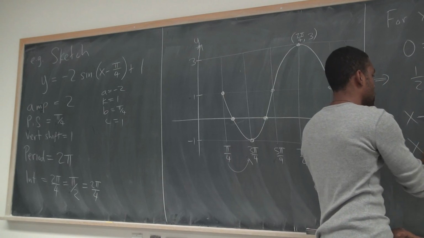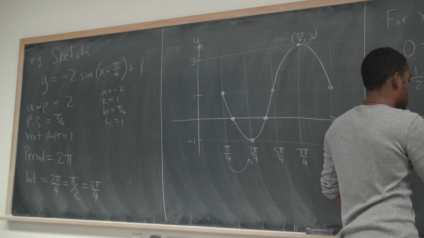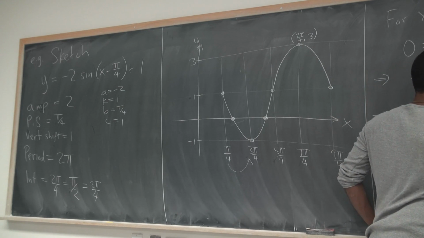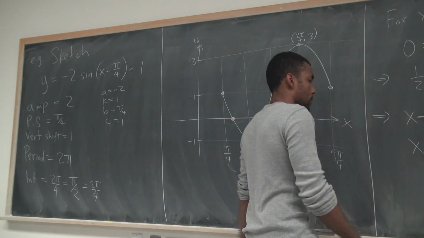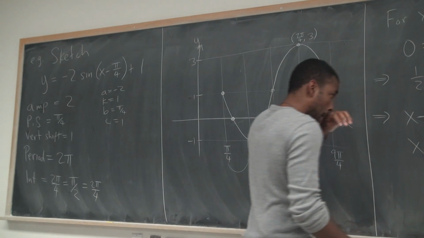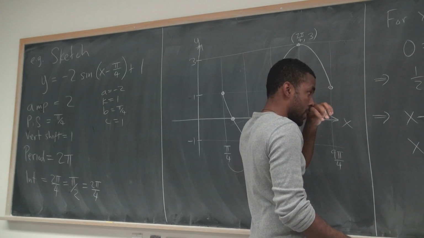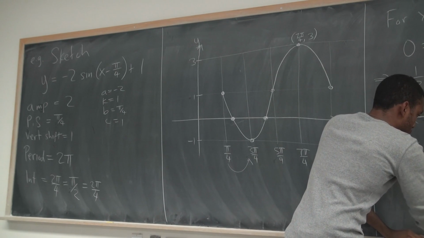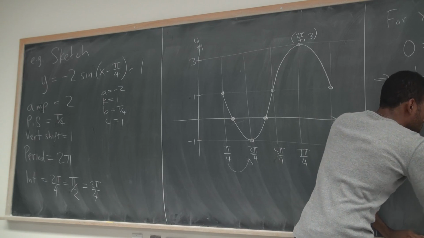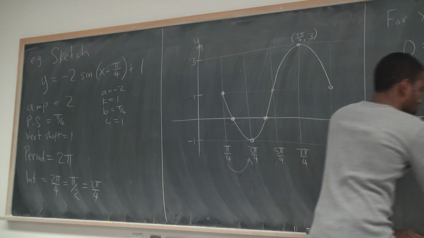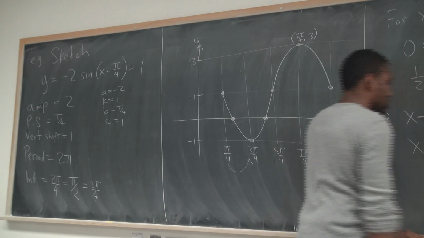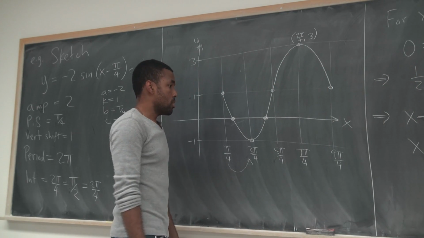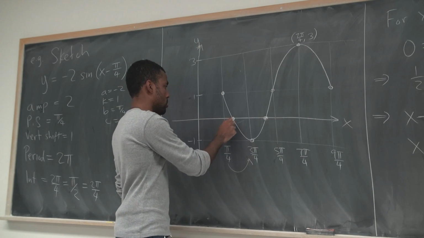And so x would be pi over 4 plus pi over 6 plus 2k pi. And so I can actually simplify that, right? This is 5 pi over 12. So the first one will actually be 5 pi over 12.